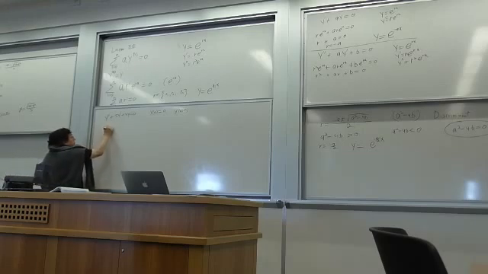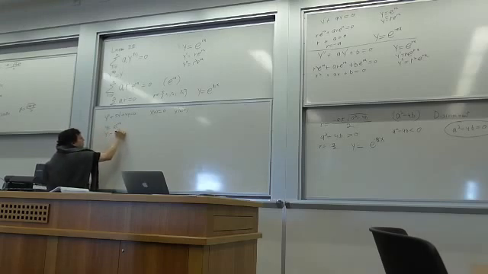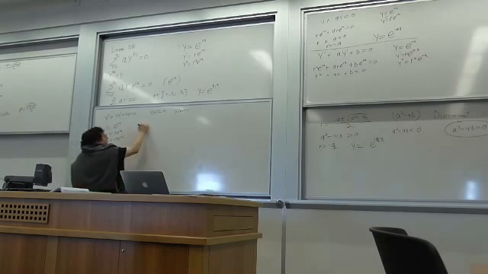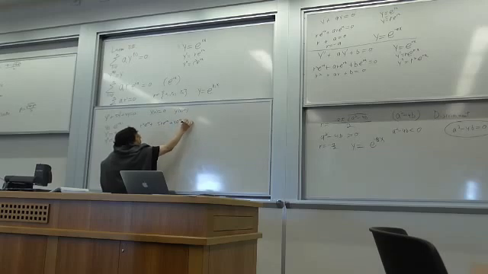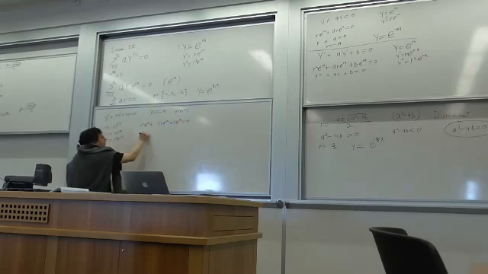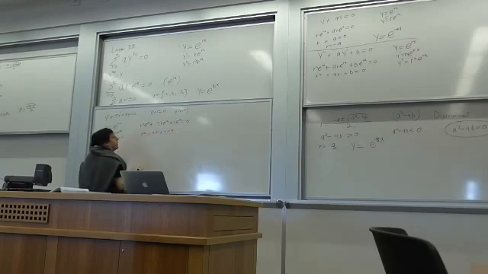So we start with e to the rx. y prime is r e to the rx. y double prime is r squared e to the rx. So we have r squared e to the rx plus 5r e to the rx plus 4 e to the rx equals 0, or r squared plus 5r plus 4 equals 0.